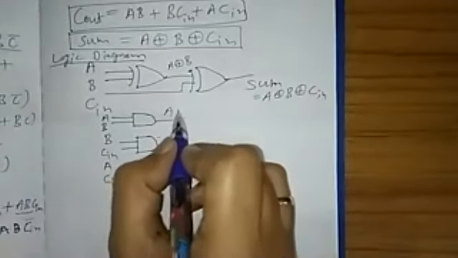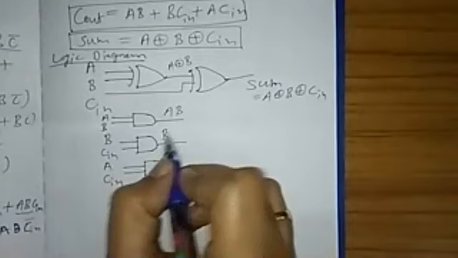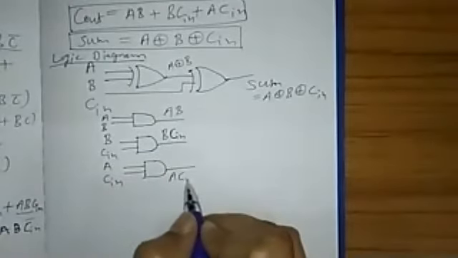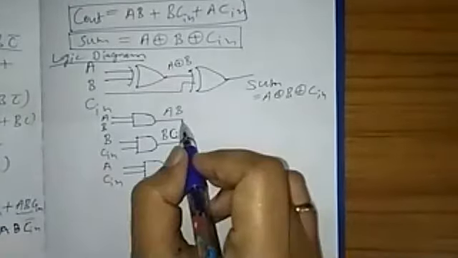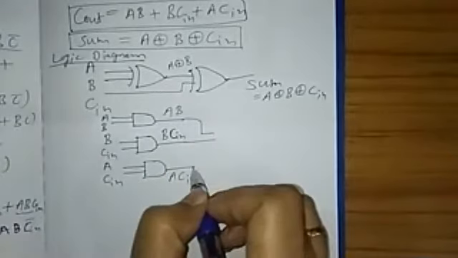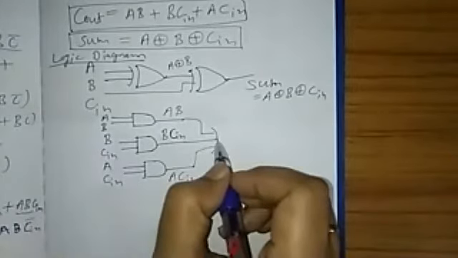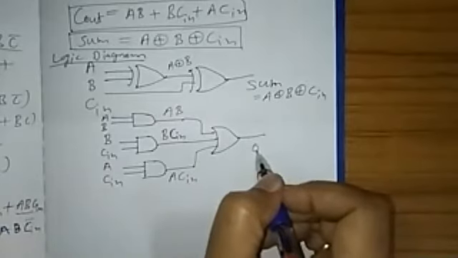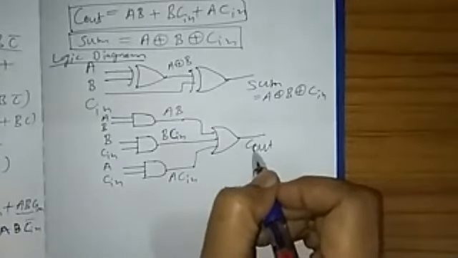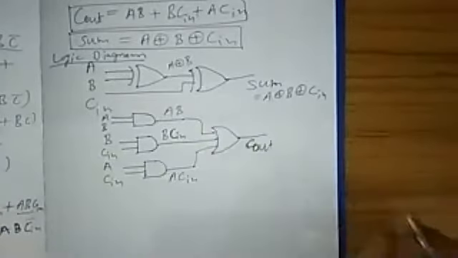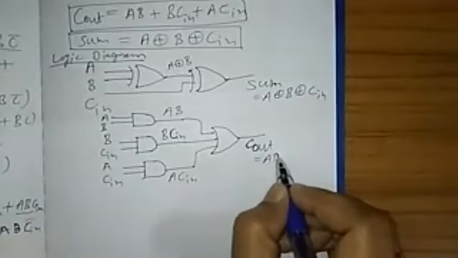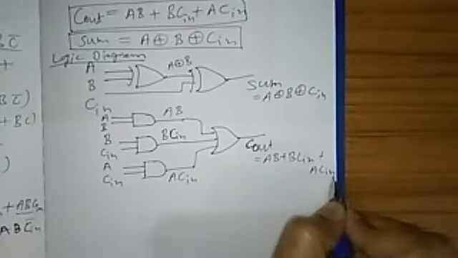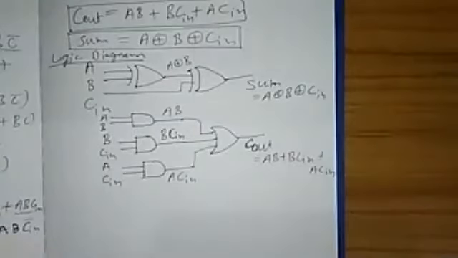This is AB, this is B Cin, this is A Cin. All three are connected here to an OR gate. This is C out: AB plus B Cin plus A Cin. Understood? This is a full adder.